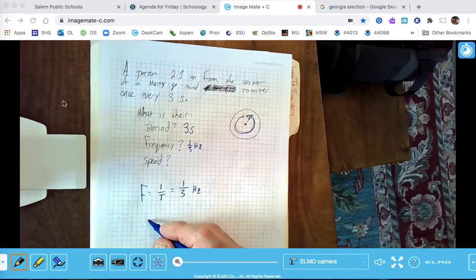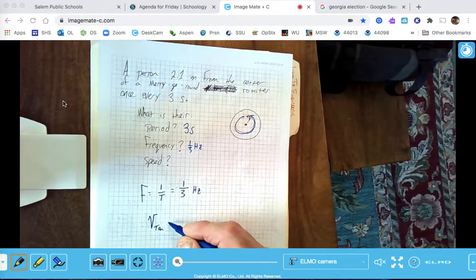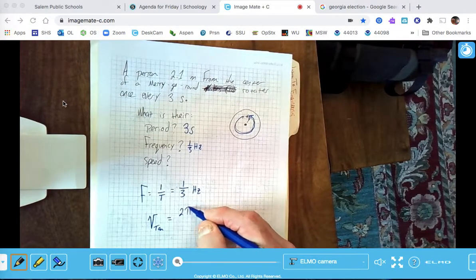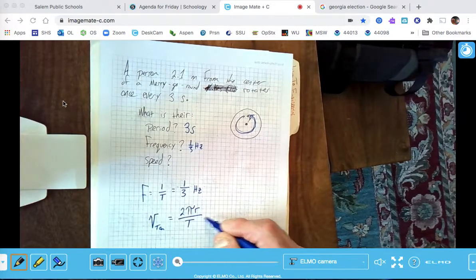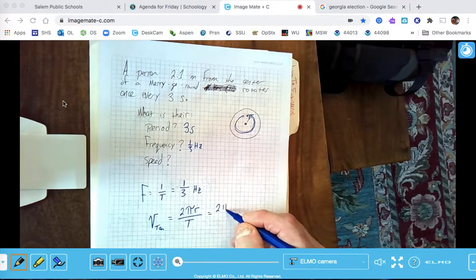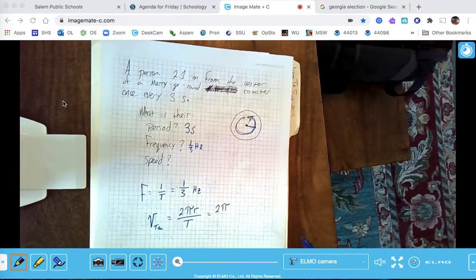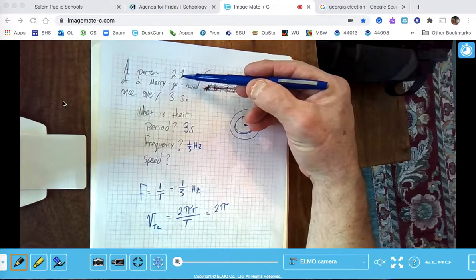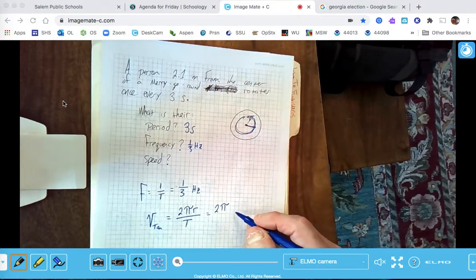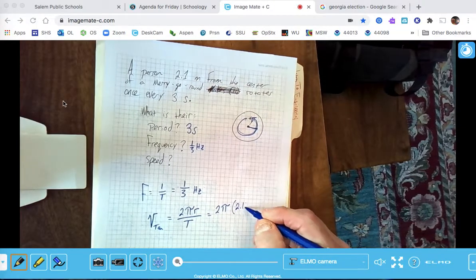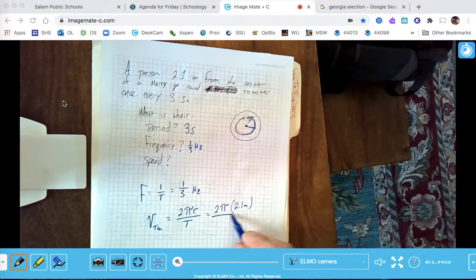And what's the speed? Well, the speed is v tan. It's 2 times pi times radius over how long it takes. So it's 2 times pi. And the radius is, they're 1.2 meters out. Sorry, read it backwards. They're 2.1 meters out. 2 times pi times 2.1 meters, divided by how long it takes.